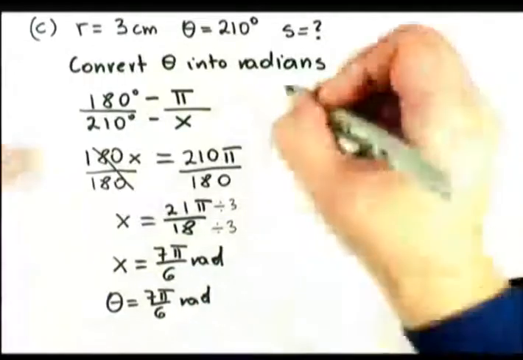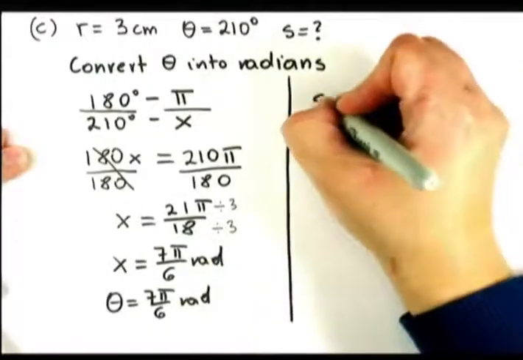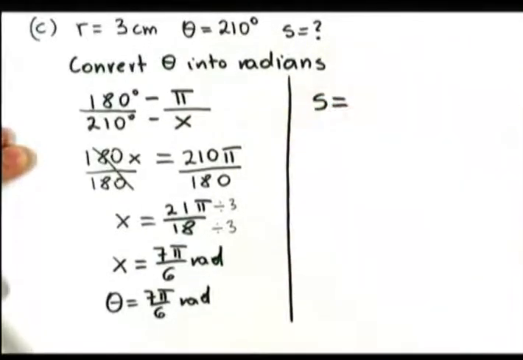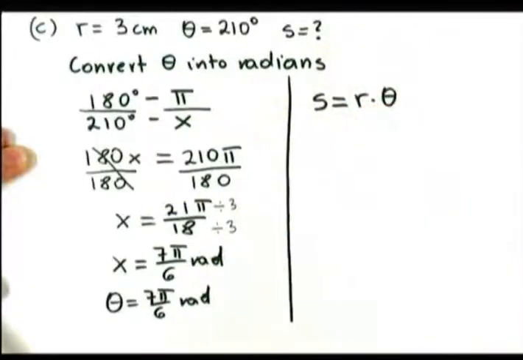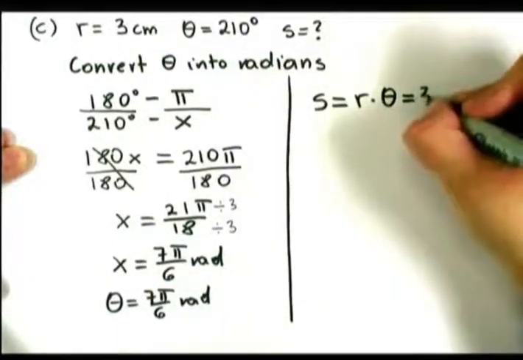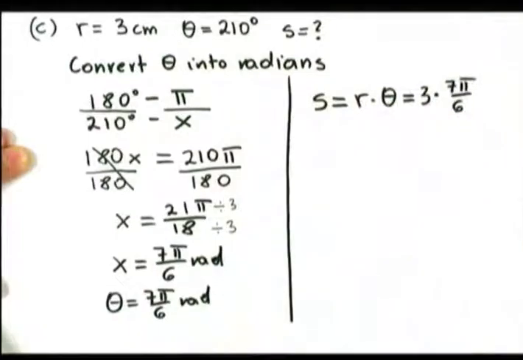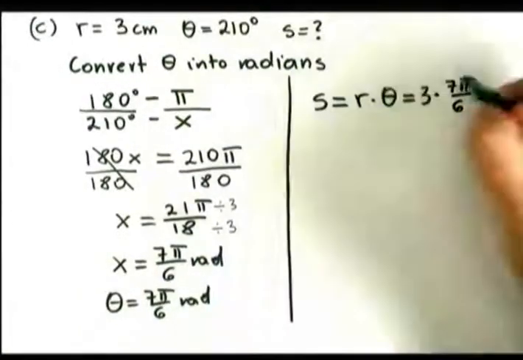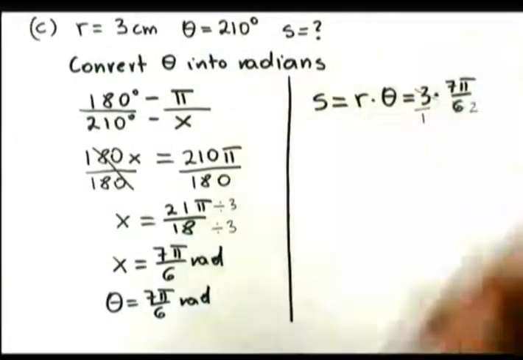And now we can use the arc length formula. The arc length formula says that S is r times theta. So this is equal to 3 times 7 pi over 6. 3 is like 3 over 1. 3 and 6 reduce to 2.